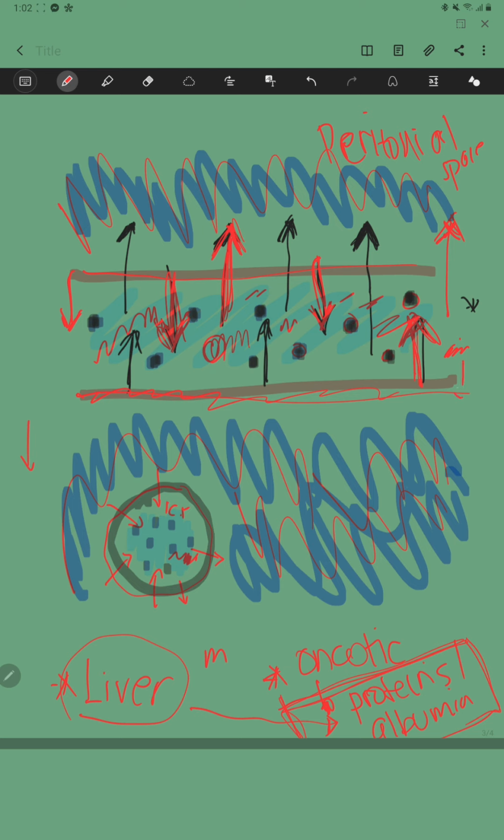Yung hydrostatic pressure naman natin, ang problema pag masyadong mataas ang hydrostatic pressure natin, what happens is that a lot of fluid inside your intravascular space can move out. Kaya nagkakaroon ng decreased fluid in the intravascular space or in the intracellular space. Very important, hydrostatic and your osmotic pressure. So, hydrostatic pressure, it is your pushing pressure, paglabas.